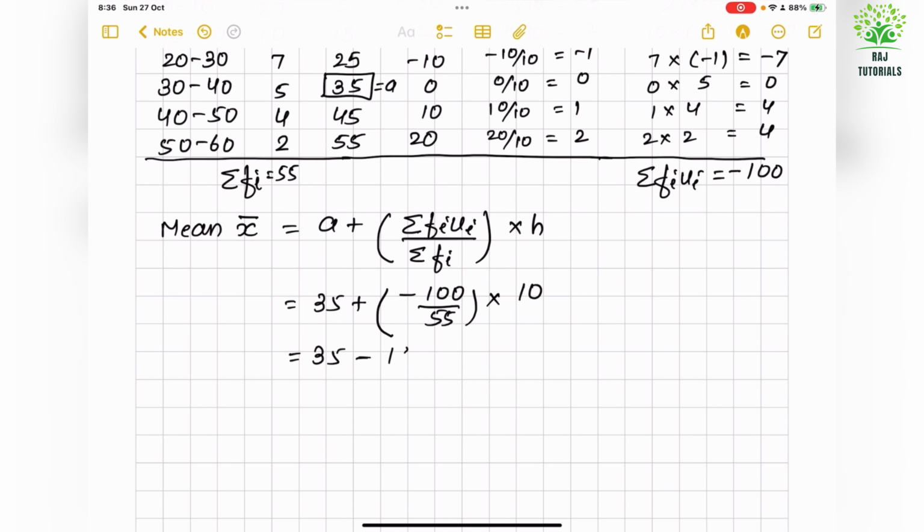So that will come as 18.181. So if I subtract that from 35, I will get 16.818. So by all the three ways I will get the same answer.